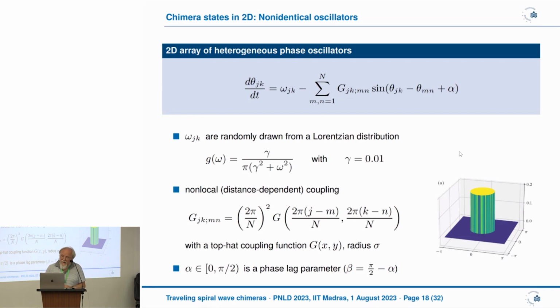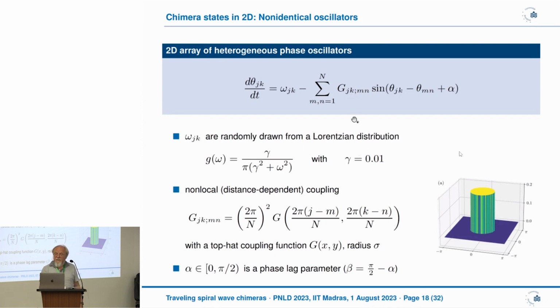But we can depart from that by introducing heterogeneity into the frequencies. And so that's done over here through the use of a Lorentzian distribution, G of omega. We choose a narrow Lorentzian distribution for our problem.